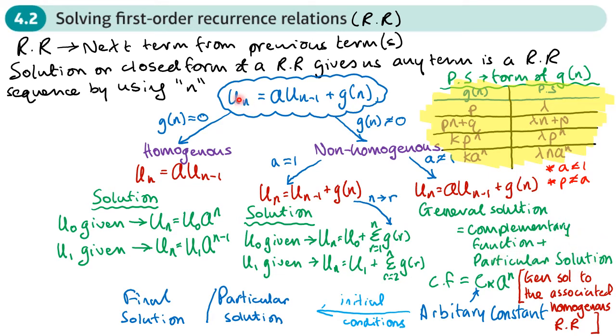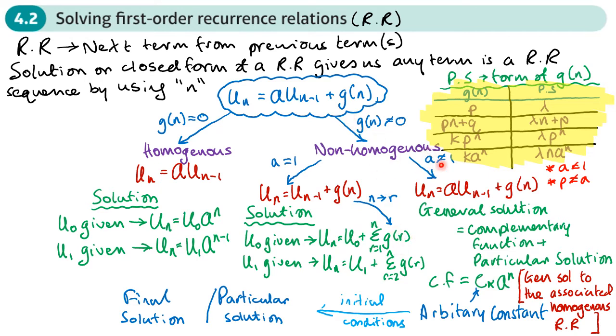So our first order recurrence relations, we can have types where there's nothing here, g of n equals 0, it's called homogeneous. These are our solutions to those homogeneous first order recurrence relations. We can have g of n as some sort of function of n, so it's not equal to 0. And then the recurrence relations fall into two types, those where a equals 1, which we can then use this method here to find a solution.